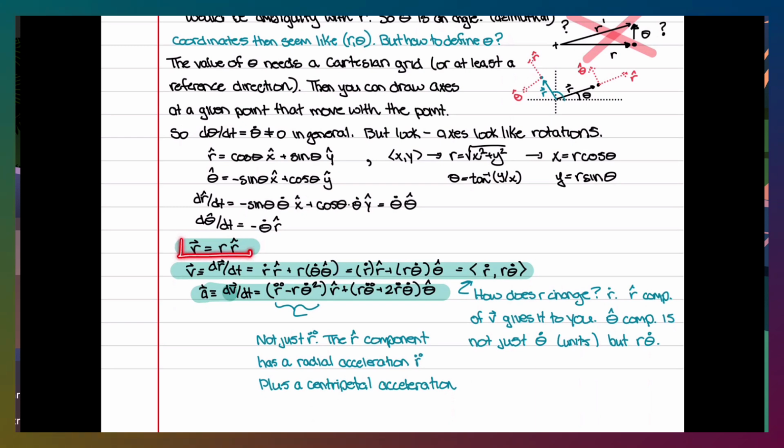Here's my general position. By definition, the velocity is the time derivative of that vector, which again means that I take the derivative of this times that. That's that right there. Then I add to it this times the derivative of that. So then that is that right there, where again I know that the time derivative of the unit vector is theta dot theta hat, so then I have two terms.